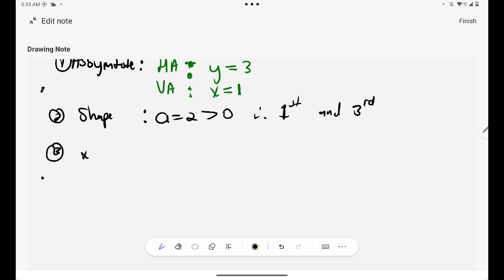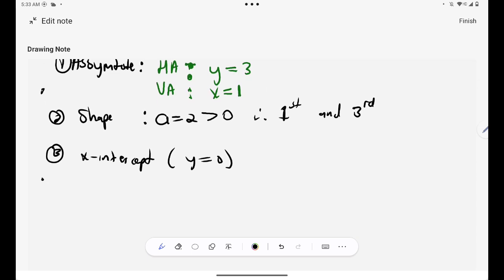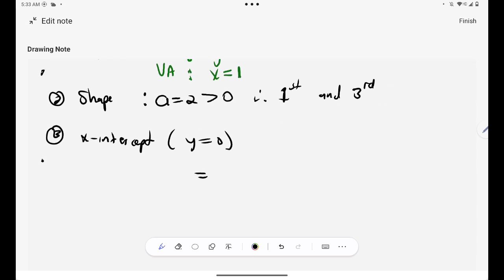Then number 3, I can just find my x-intercept. I don't care what kind of a graph I'm dealing with, I just need to make y equal to 0, solve for x. I have 2 over x minus 1 plus 3.